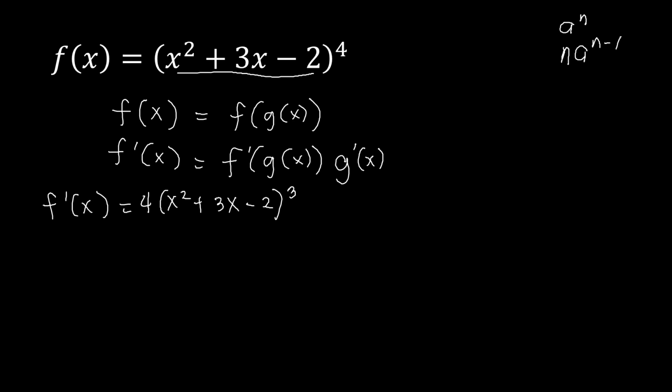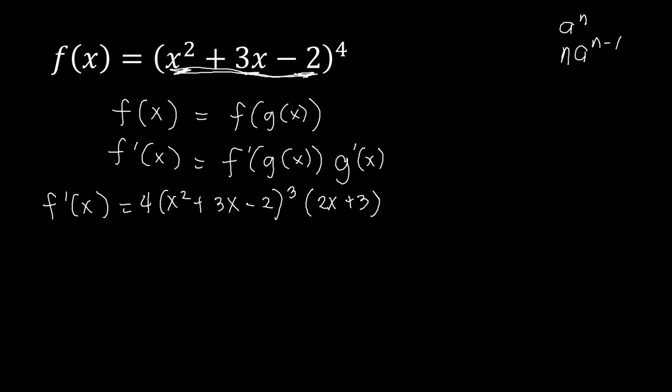Then we multiply this with the derivative of the inner function. We start with x squared, that's 2x. Next is 3x, that's plus 3. And the next one, we have a minus 2. The derivative of 2 is 0, so we stop there.